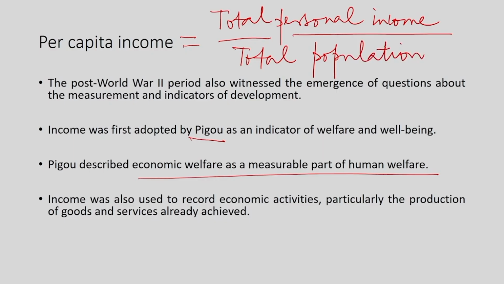I mean, to calculate per capita income, one must first know the total personal income and the total population for the area in which one wants to determine the per capita income. Okay? This must be clear. Okay? This is how generally per capita income is calculated. Total personal income divided by total population of that particular area.